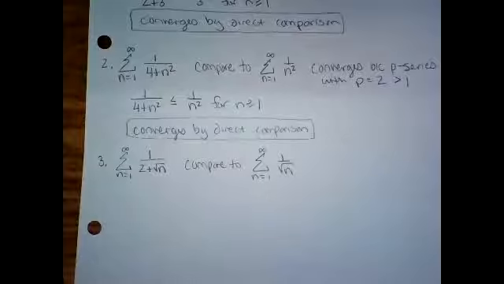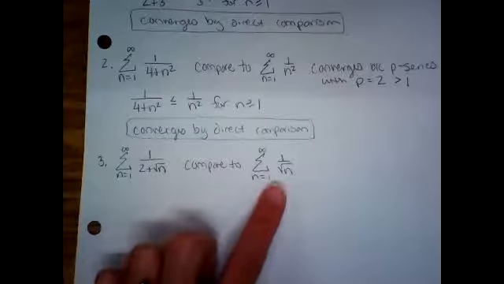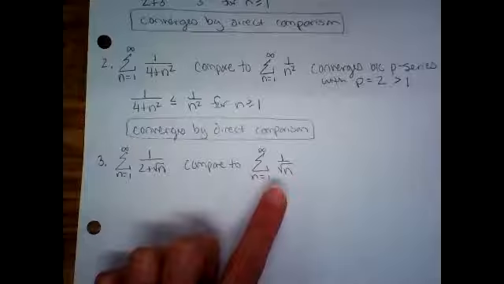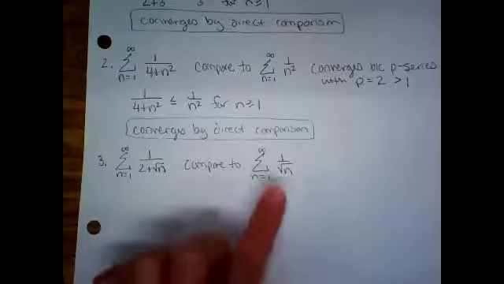And again, you're trying to compare it to something that's easier, like you're trying to make an easier problem for yourself. So what do we know about that one? Good, p is a half, which is smaller than 1, so we get to conclude that it diverges. Good.